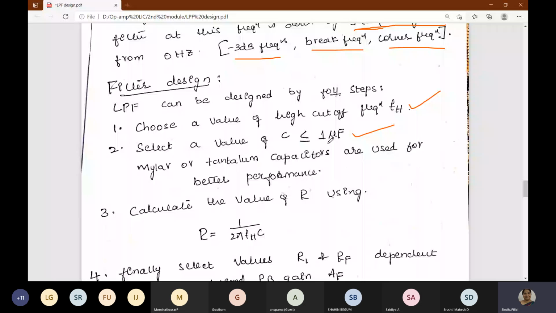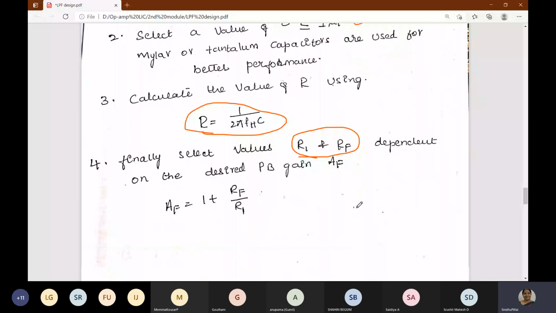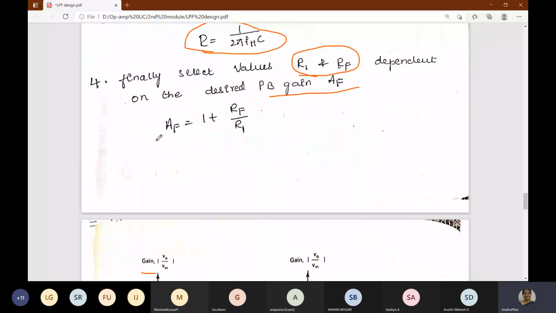Finally, set values for R1 and RF, which are the feedback resistors, and find the pass band gain AF, so AF is equal to 1 plus RF by R1. So this is the design of the low pass filter.